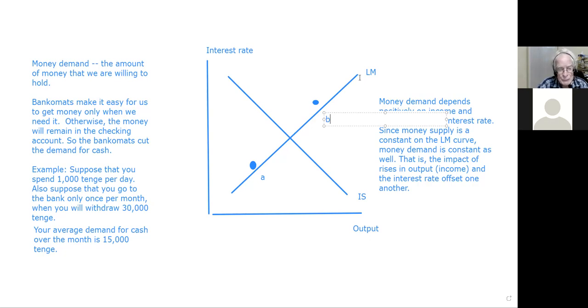Let us say that money supply is 3 trillion tenge. So money demand has got to equal 3 trillion tenge as well. But as we move from A to B, output is rising, which means that money demand is increasing as well. So to bring money demand back down to the original level, the interest rate has got to increase.